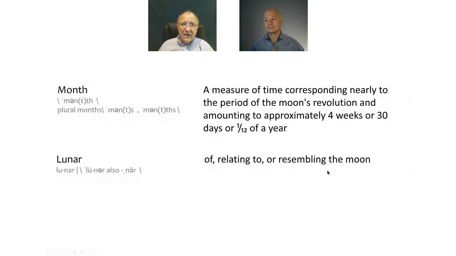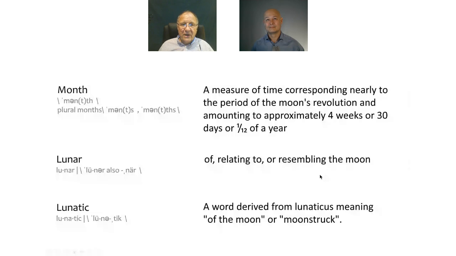There's another definition: the word lunar relates to the motion of the moon around the Earth. And there's another word, lunatic, which describes people who are preoccupied with months and the motion of the moon.